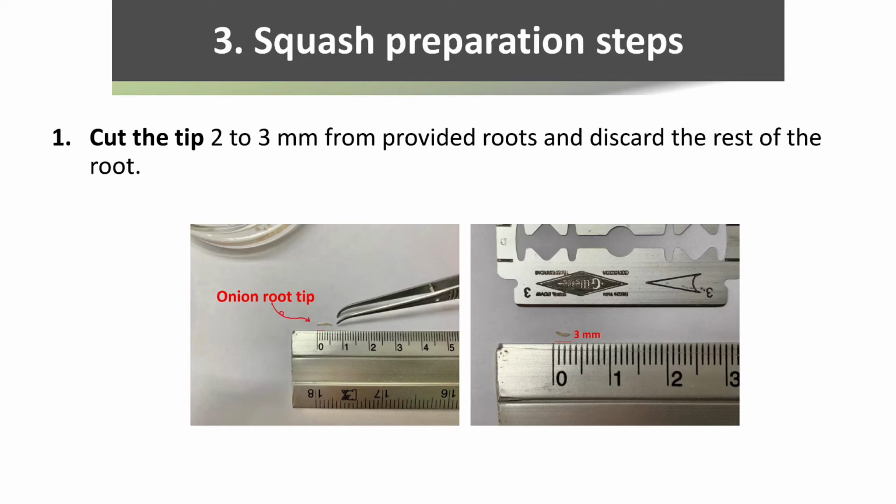Please be careful at this step to avoid injuries. Also, please remember that we are going to observe the root tip. Therefore, make sure that you do not discard the tip, but discard the rest of the root sample.